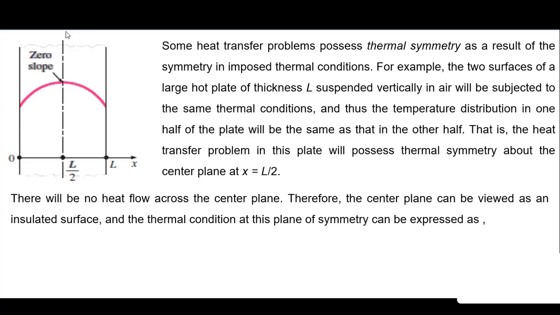So this L by 2 surface can be viewed as an insulated surface, and the thermal condition at the plane of symmetry can be expressed as minus k del T upon del x at x equal to L by 2 is equal to 0. Why 0? Because there is no heat flow across the center plane. So heat flux through that center plane is equal to 0. That is what is called the thermal symmetry boundary condition.